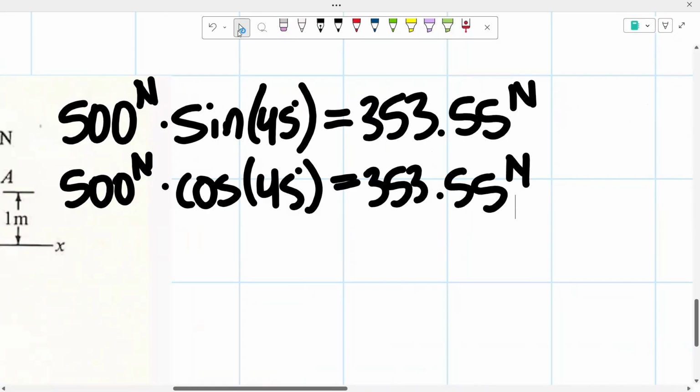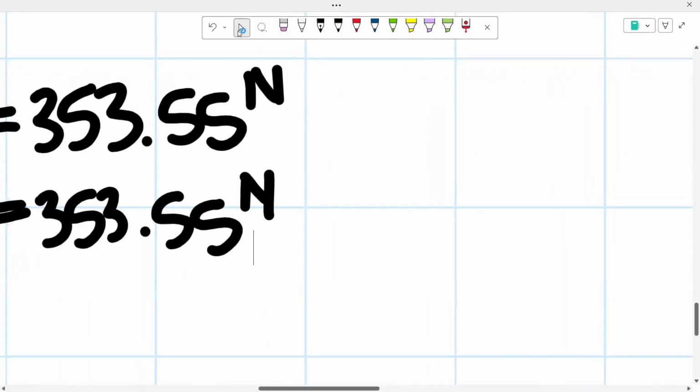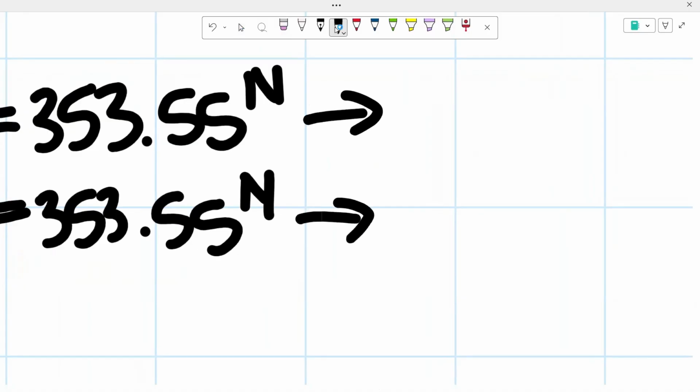Now we're going to try to find the moment that it's going to be creating about point P. You can leave it in newtons, but I'm just going to be dealing with kilonewtons so our answer isn't that big. So I'm just going to rewrite this in terms of kilonewtons.